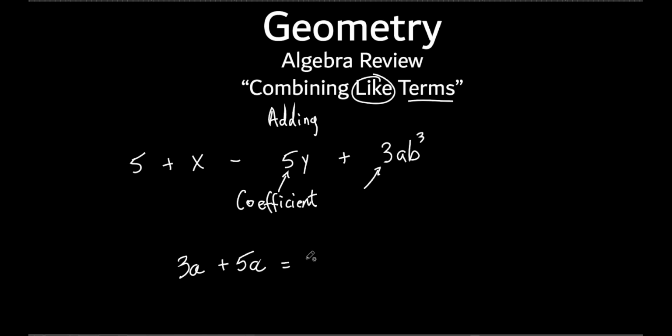Okay, so you add them up and you get 8, and then you just keep the variable the same, or keep the rest of the term exactly the same. So it's just a. So I don't go a plus a is 2a. I don't do that. You follow me? All right, if I got 3 apples plus 5 apples, what does that give me? 8 apples, okay? Can I add 3 apples plus 5 bananas?